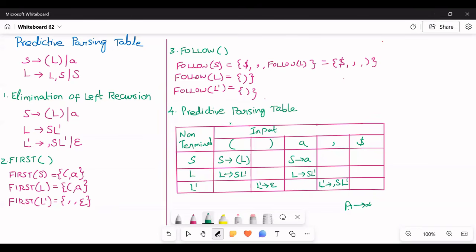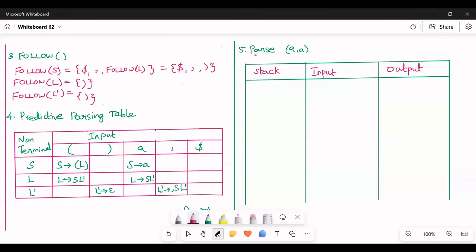Now we can consider one example string and parse it. Consider the input string open parenthesis a comma a close parenthesis. To parse the string, we consider three columns: stack, input, output. In the stack, we first write dollar and the start symbol of this grammar.